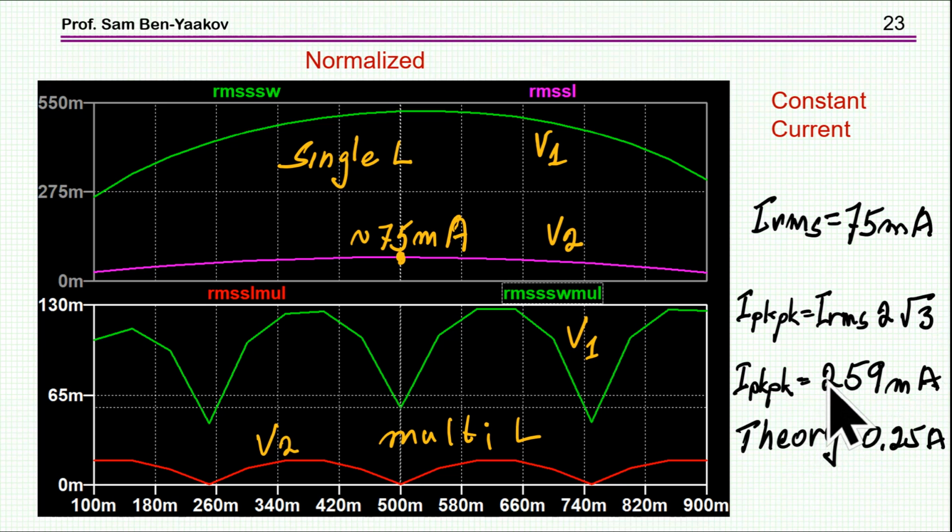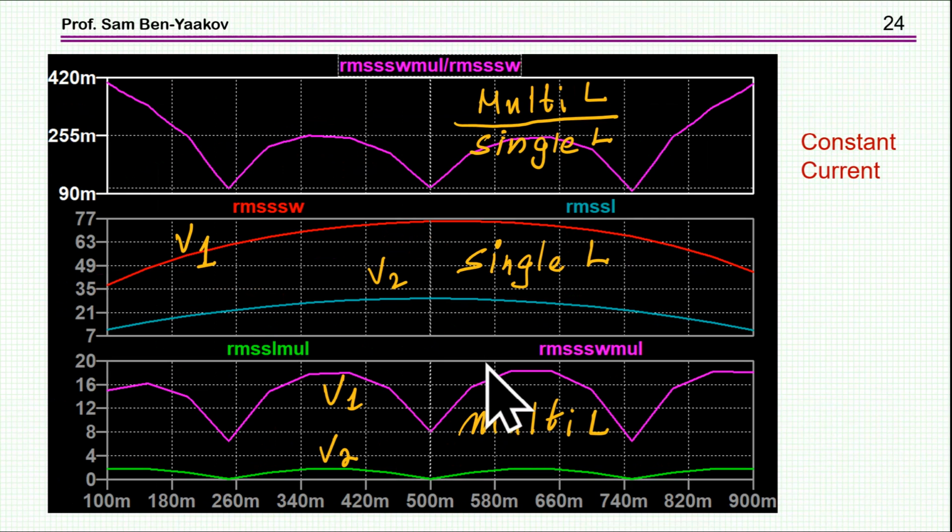When we do this, we get 259 milliamp, and the theoretical value is 250 milliamp, which is very, very close. So we see that we are okay, and apparently we didn't do any error in the setting up of this simulation.